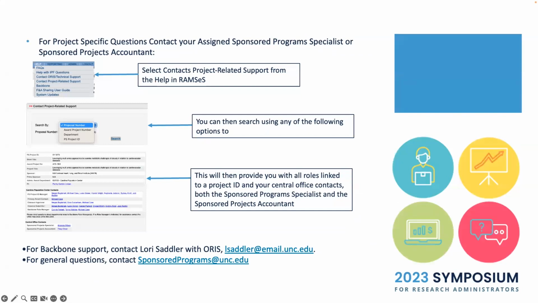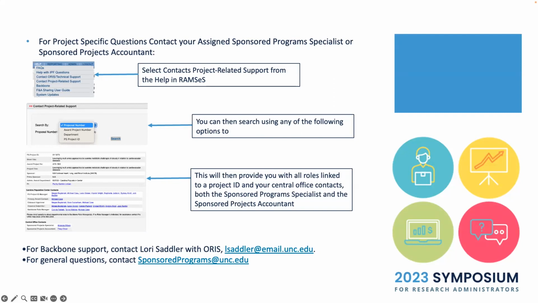And so I did want to point out to you a helpful tool within RAMSeS, which is on that main screen, where you can click on the Help tab at the top and then select the Contacts Project Related Support under Help. That will then open up a search for you where you can search by the proposal number, the award project number, the department, and the PS project ID number.